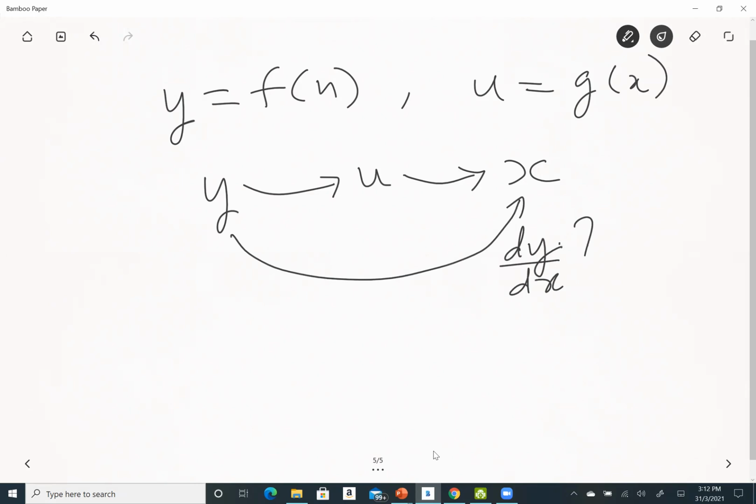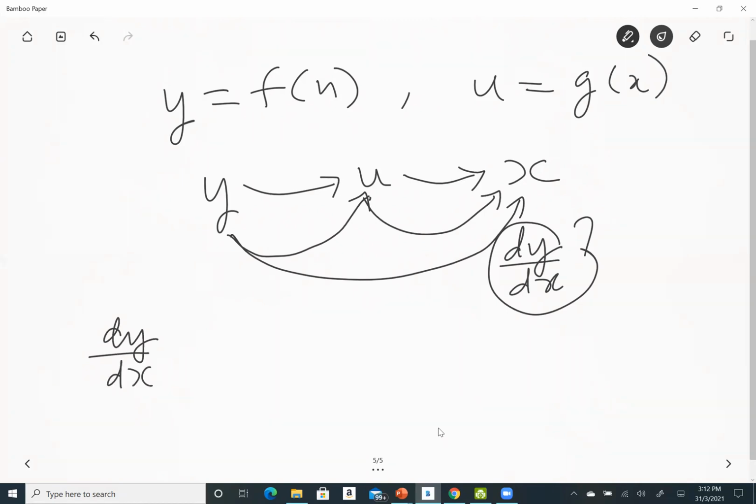In order to find dy dx, I have to go through u. That's why you call it a chain. I have to differentiate y with respect to u, and then differentiate u with respect to x. So that's the chain rule. It's good that you write in terms of dy dx rather than y prime.